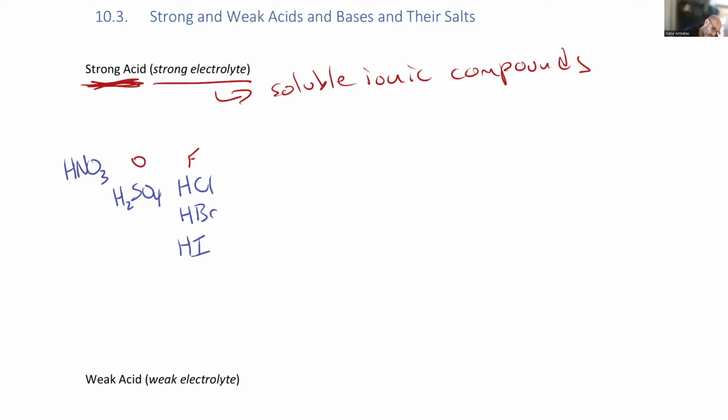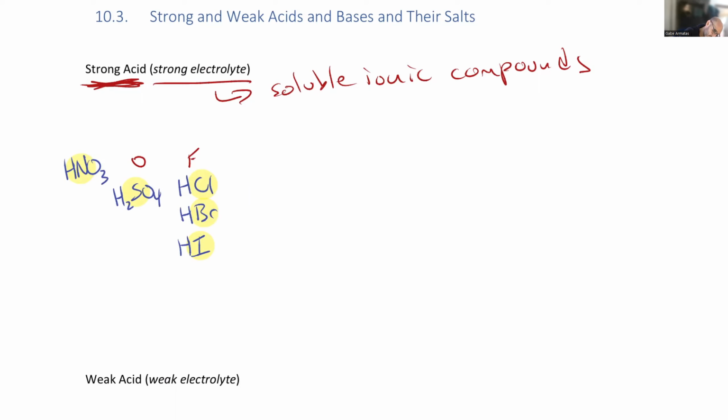So I'm focusing on the periodic table: nitrogen, sulfur, chlorine, bromine, iodine. So those right there, all around fluorine. HF is not a strong acid, okay? So nitrogen, sulfur, chlorine, bromine, iodine. That little ladder right there is the strong acids.